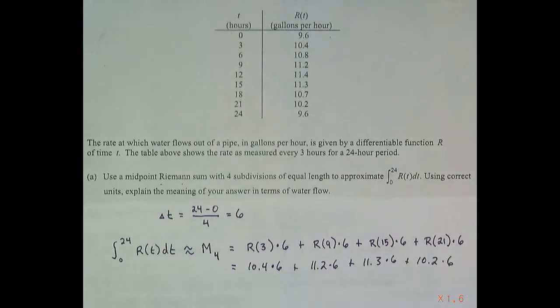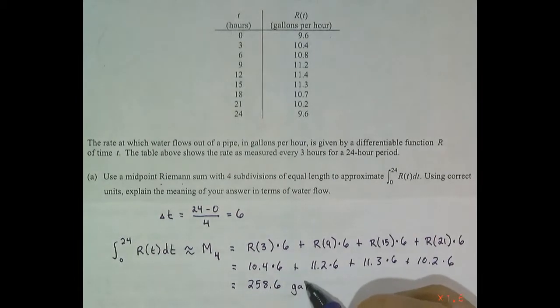Now this is a numeric answer and would give you credit, but if we turn to a calculator, because it is a calculator active question, we can add this up fairly quickly and we get 258.6. And if we do a little bit of a unit analysis on this, r of t represents gallons per hour and delta t represents hours. So gallons per hour times hour would give us gallons.